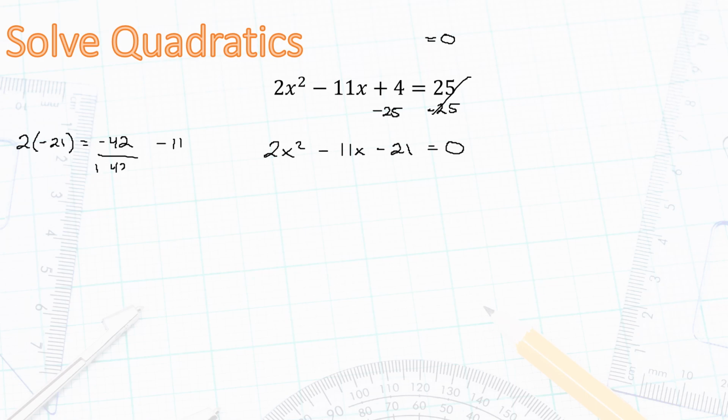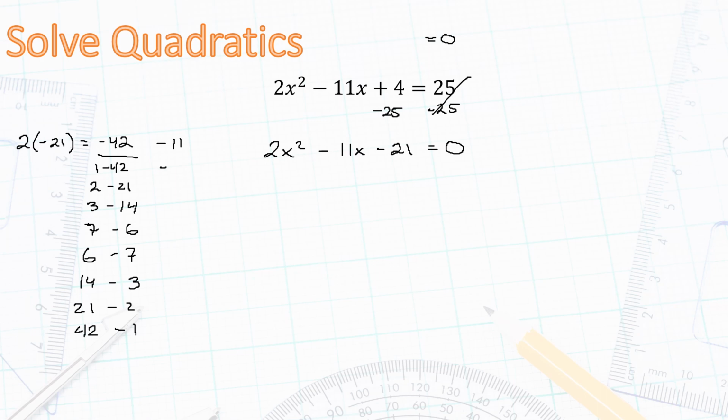So we got 1 and 42, 2 and minus 21, 3 and minus 14. 4 is not, 5 is not, 6 is not, 7 and minus 6. I guess 6 was a factor. 6 and minus 7, 14 and minus 3, 21 and minus 2, and 42 and minus 1.